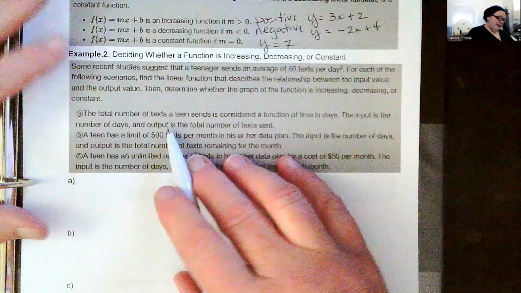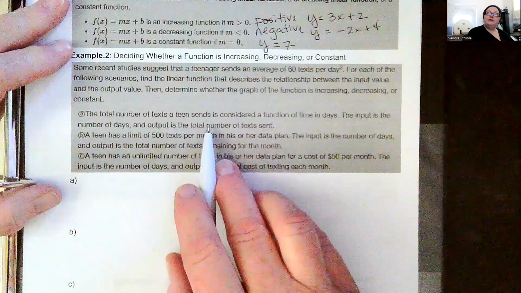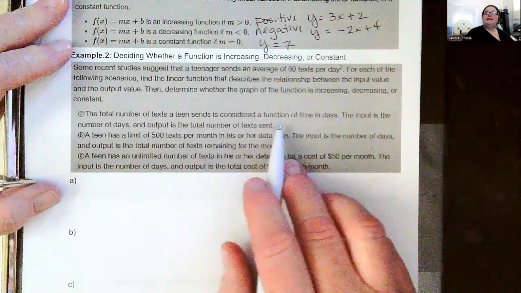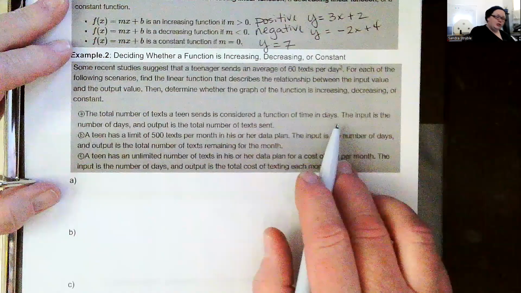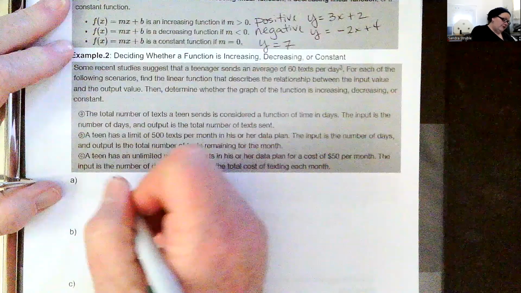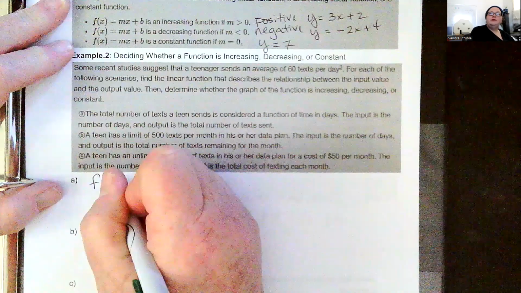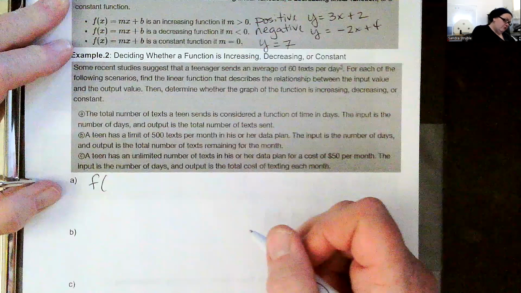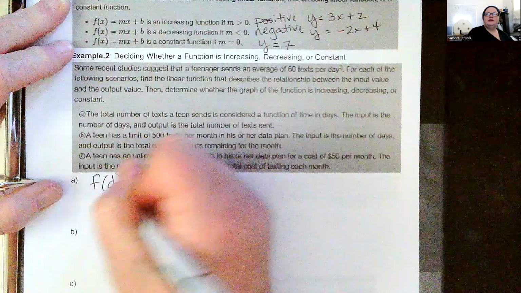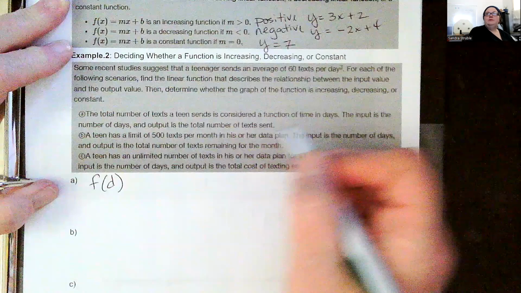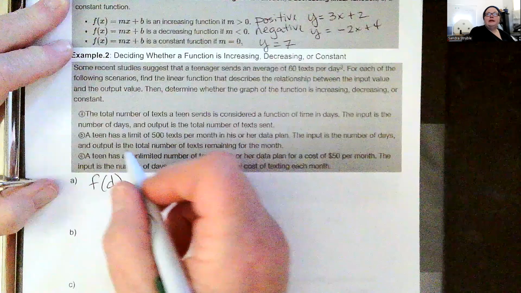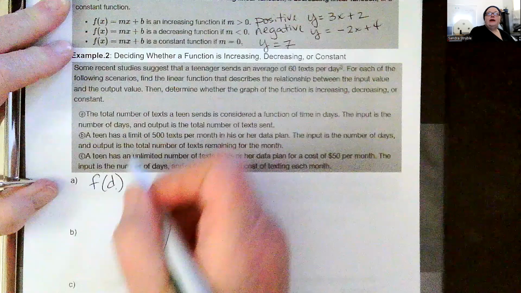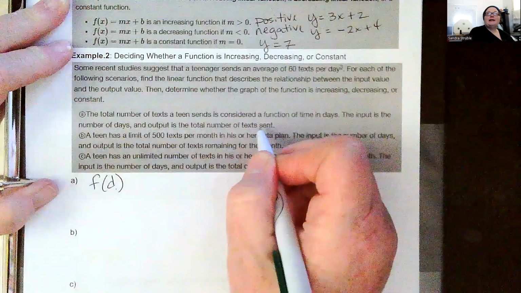The total number of texts a teen sends is considered a function of time in days. So it's a function of time in days. All right, the input is the number of days, which we've got, and the output is the number of texts sent.